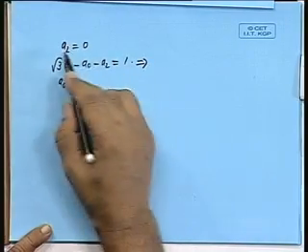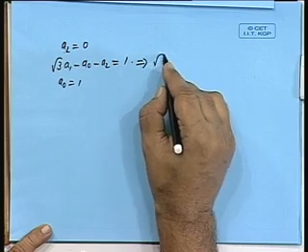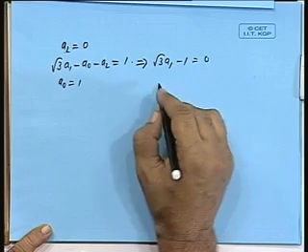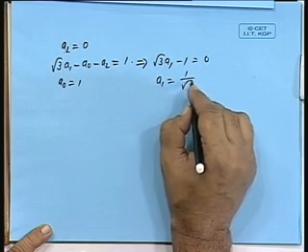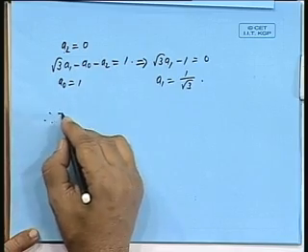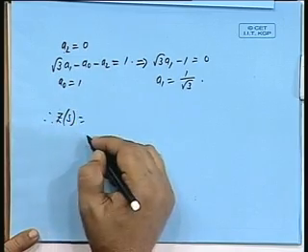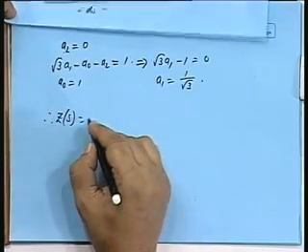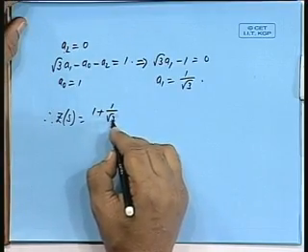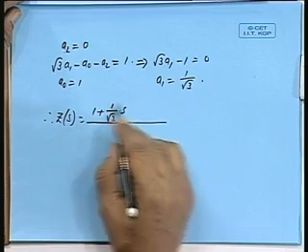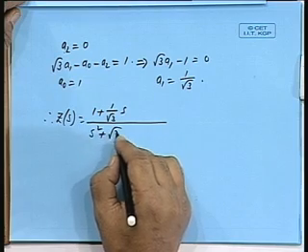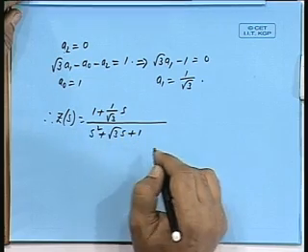Substitute here, A2 is 0, A0 is 1, so root 3 A1 minus 1 is 0. So, A1 is 1 by root 3. Therefore, Z(s) will be A0, that is 1, plus A1 s, so 1 by root 3 s, A2 is 0, divided by s squared plus root 3 s plus 1.